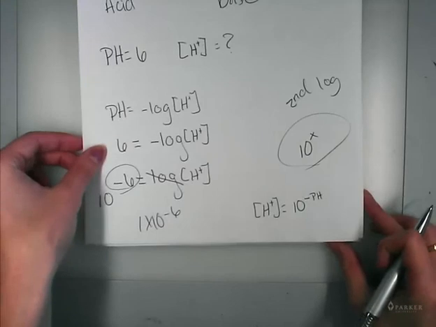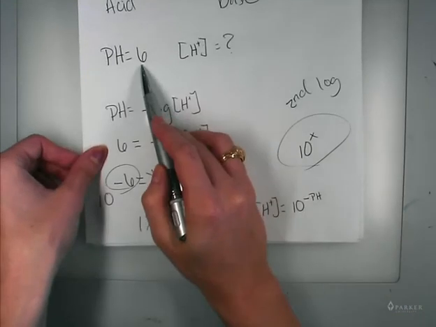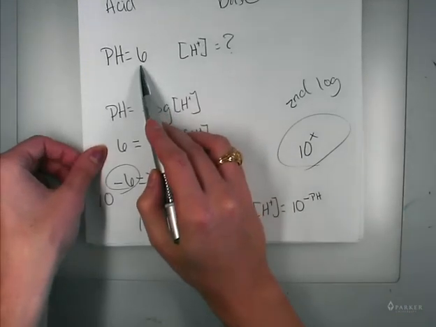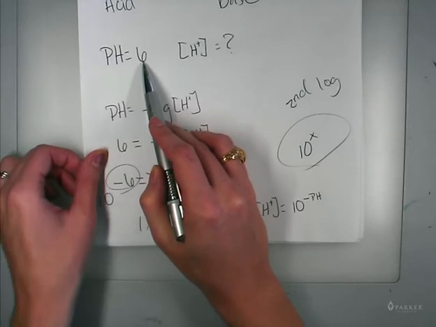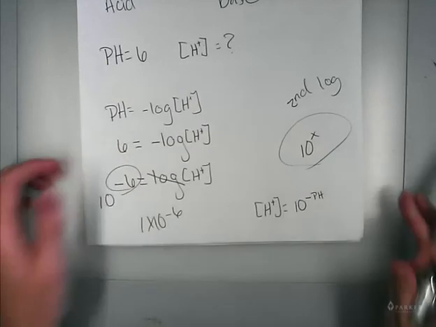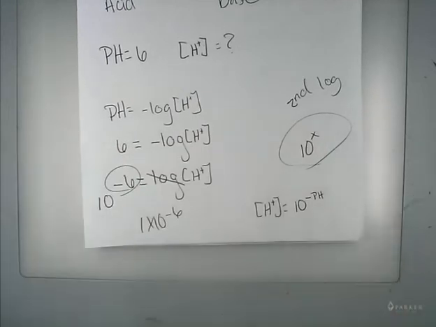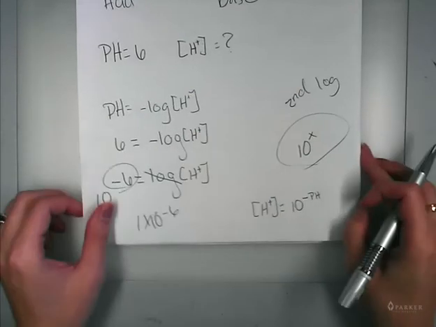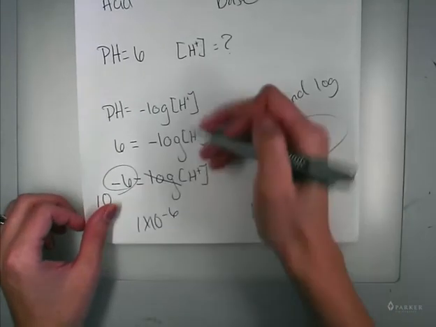So this one is a pH of 6. Would you say that's more acidic or more basic? Acidic. It's below 7. I mean, it's not that acidic, but it's still below 7. And we see the concentration of H plus.